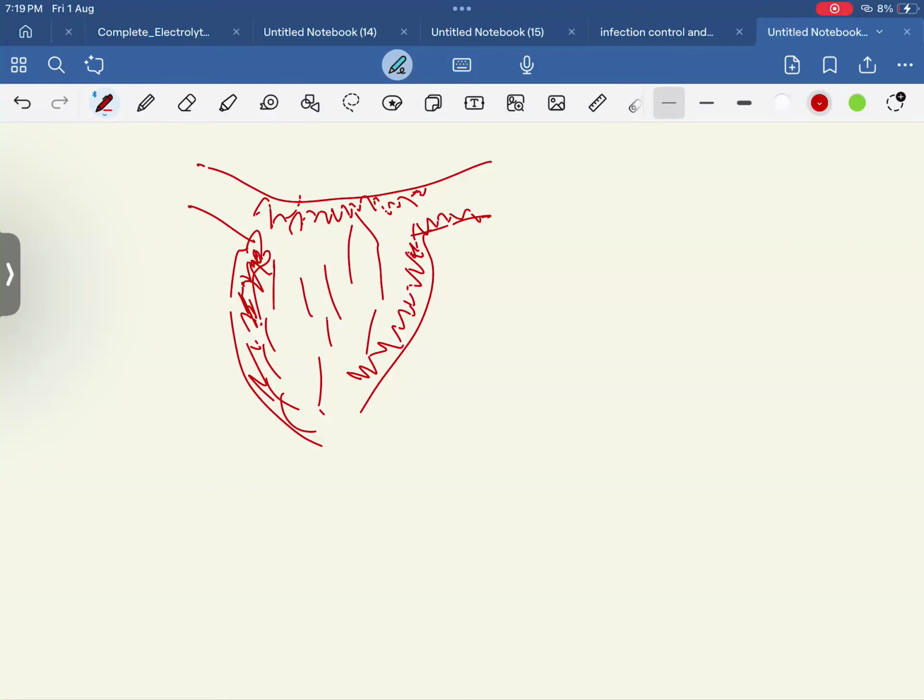It is a mucolytic drug. Go and study about Dornase alpha. In your break, you will study about Dornase alpha. The spelling is D-O-R-N-A-S-E, Dornase alpha.